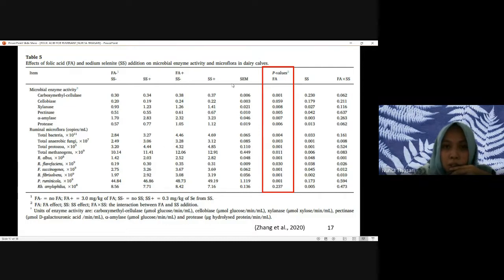So if the bacteria are able to build up the cell wall, it will promote the growth, and the addition of folic acid will enhance the growth. I'm sorry, that is what I got from the paper.